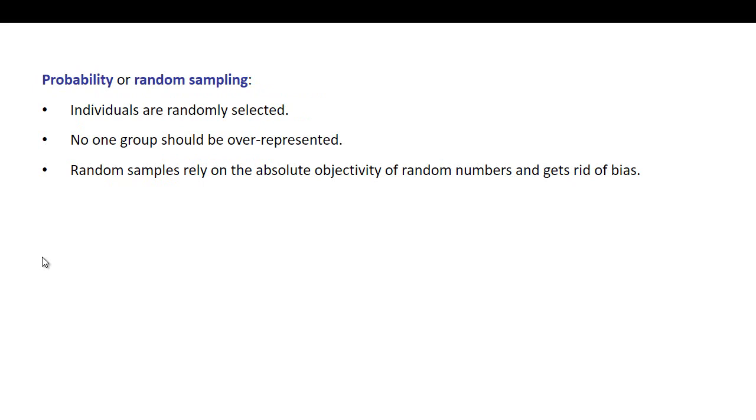So recall that we talked about how to pick a random sample by using the random digits table. The idea here is that your sampling method is such that each individual is equally likely to be picked.